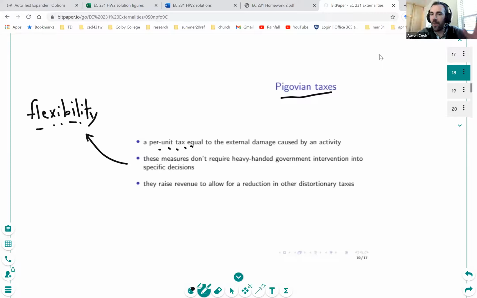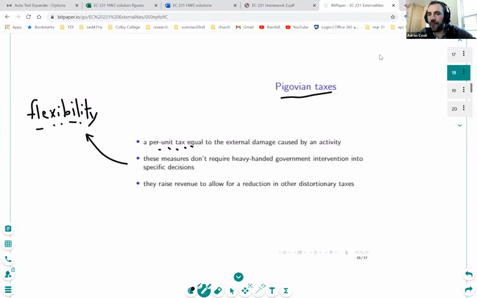But wherever you fall along that spectrum, whether it's easy or difficult for you to reduce your pollution, the tax gives maximum choice and maximum flexibility to producers to decide for themselves how much is economical for them to pollute.